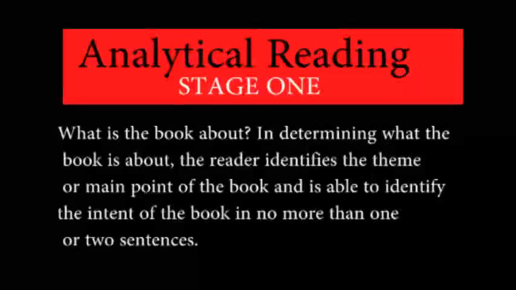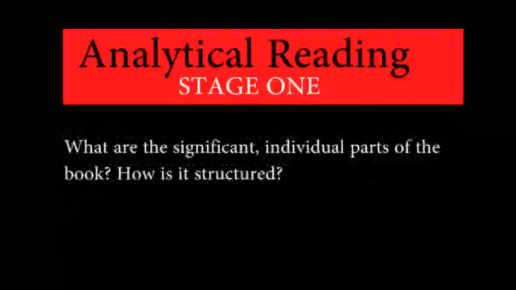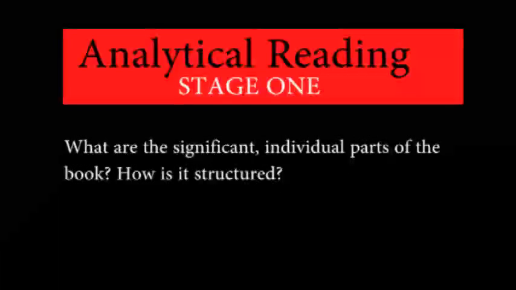After articulating what the book is about, the reader must determine the significant individual parts of a book and how they are related to the whole. A well-written book is not a mere collection of isolated parts, but a complex unity of organized, interrelated parts. In a well-written novel, there is a thread of plot that ties every episode together.